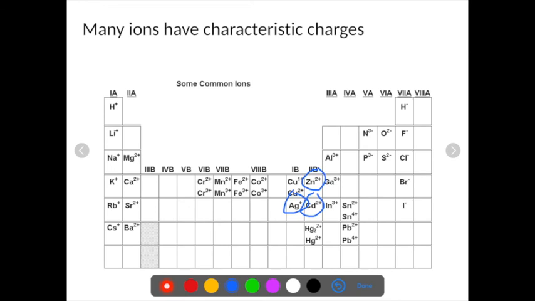Zinc is in here quite a few times. I think I have silver, yep, it's there. I'm not sure about cadmium. So be careful, because those three won't need Roman numerals.